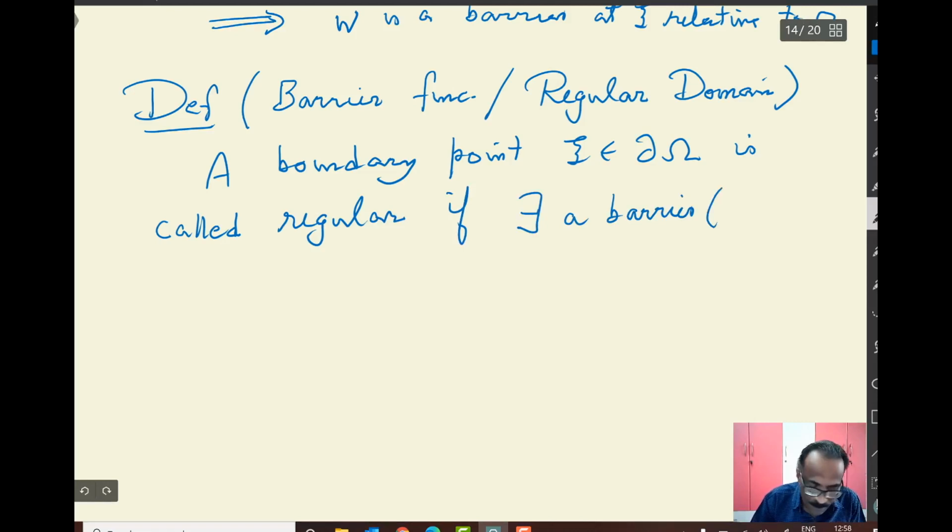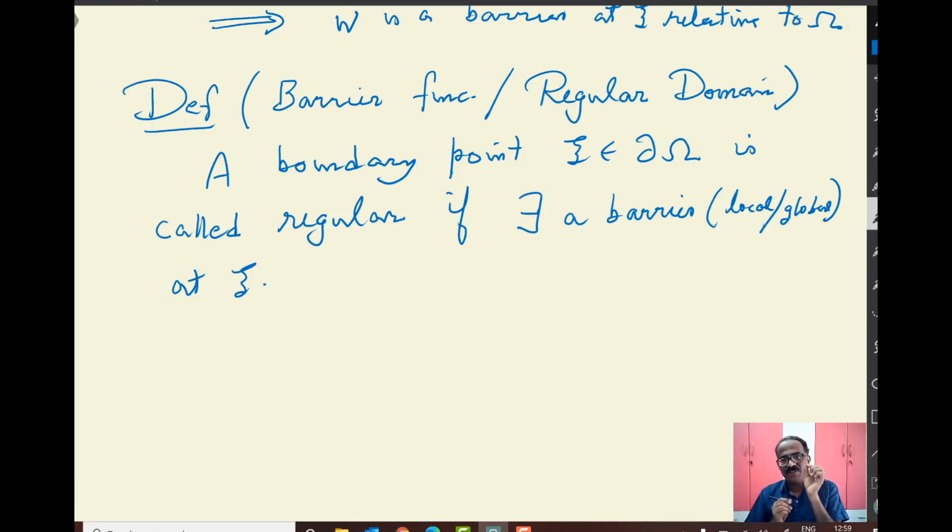It doesn't matter whether local or global now, right? Because the moment you have a local barrier at psi, you have a global one. So whenever such a barrier function exists, that's basically a negative subharmonic function. Then it's called a regular point.